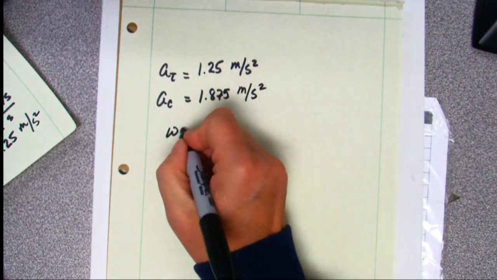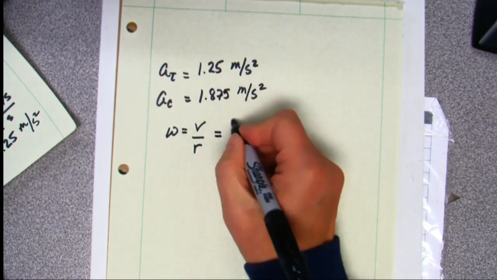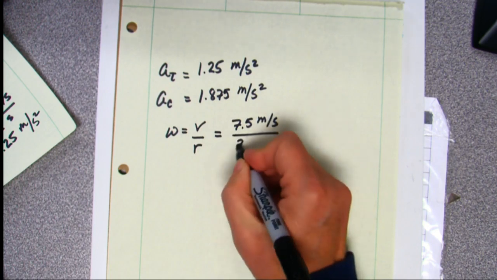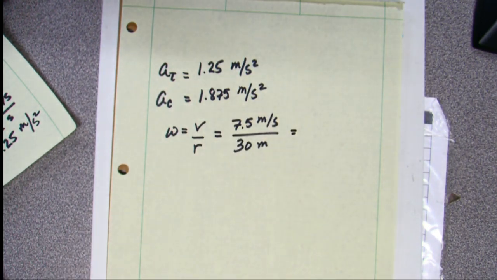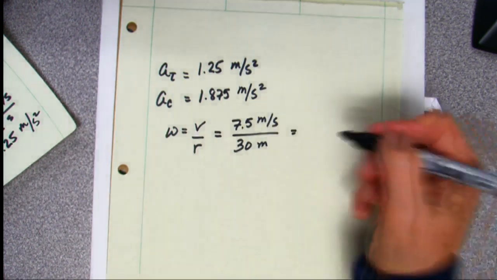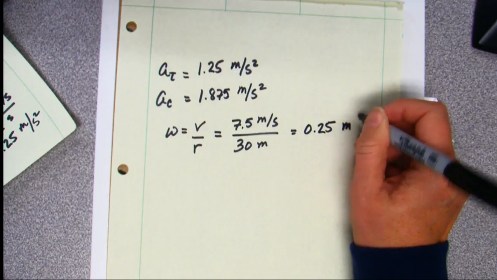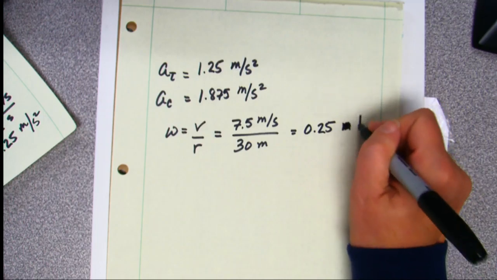We want our new angular velocity, which is going to be just v over r, which is 7.5 meters per second divided by 30 meters. Gives me 0.25 1 over seconds.